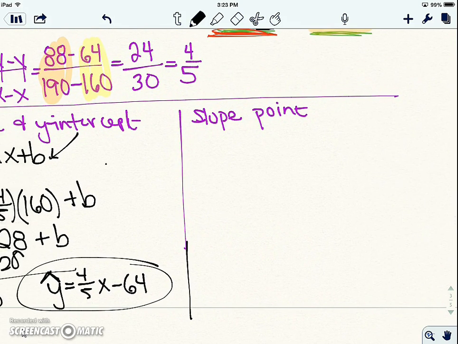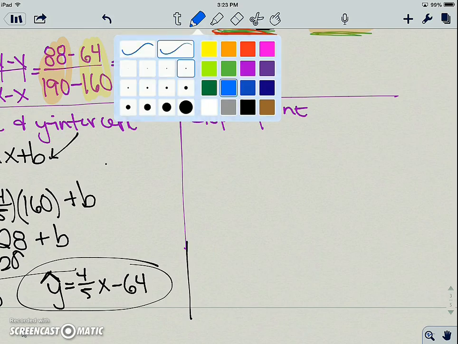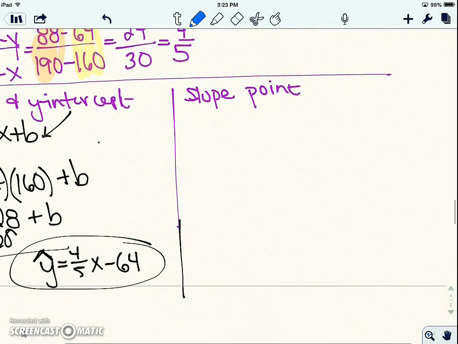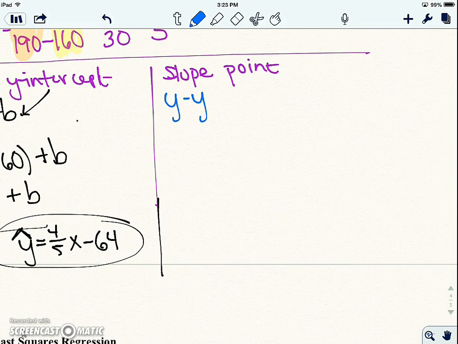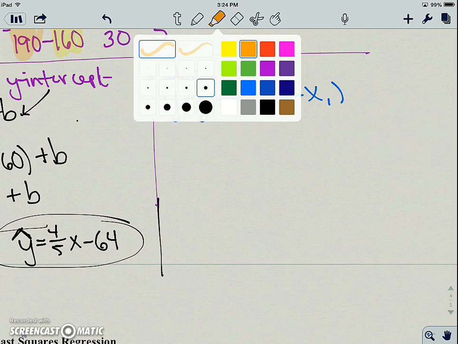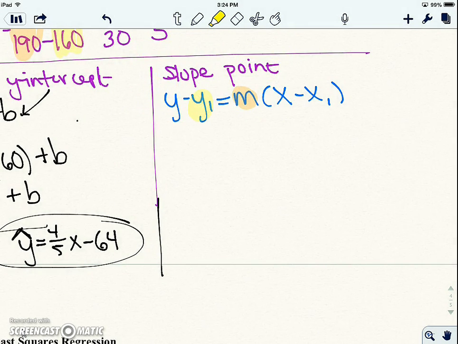The other formula that you may have seen is y minus y1 equals m times x minus x1, where this is where you plug in the slope and 1 point again. Okay. So we have y minus something equals something times x minus something.